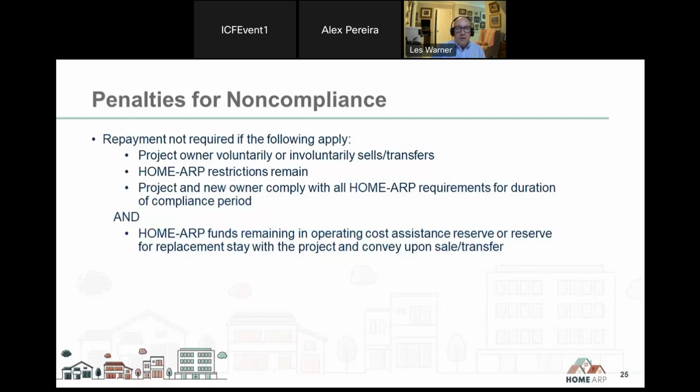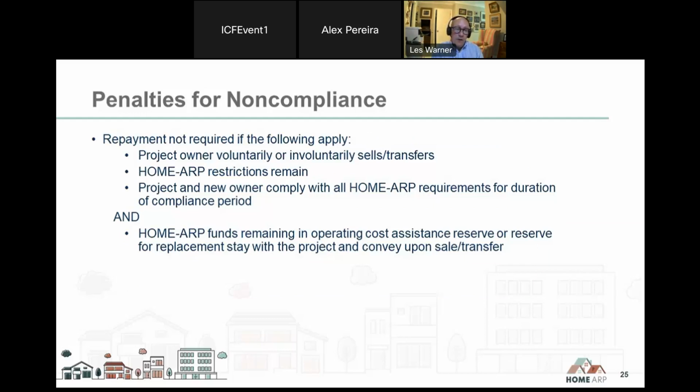One of the ways that we would not have repayment be required would be when that property actually transfers to another owner and these restrictions are going to flow to that new owner. So we talked about having deed restrictions or a land covenant in place that would apply and stay with that property.